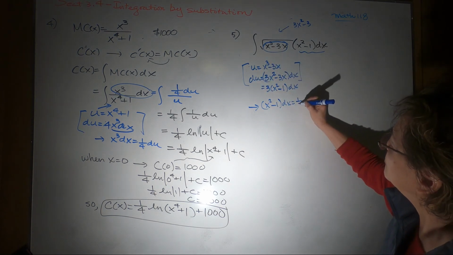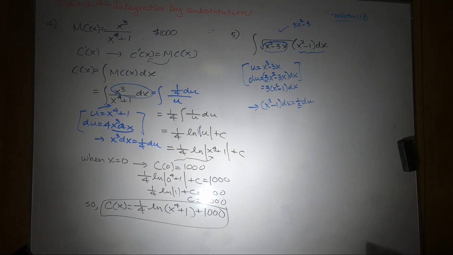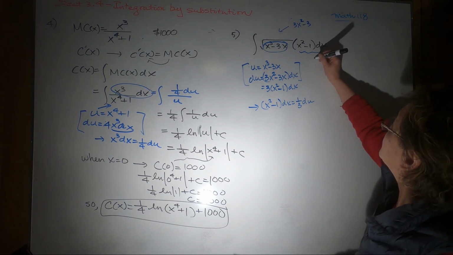Divided by 3 would be 1/3 of du, right? So those are just basic substitution you can apply. Try to adapt, right?